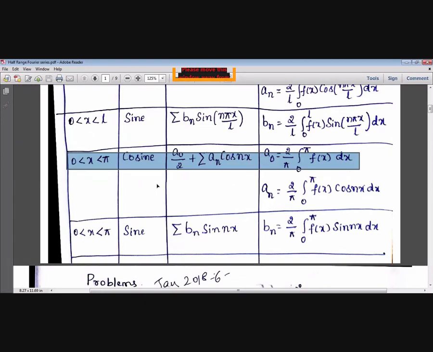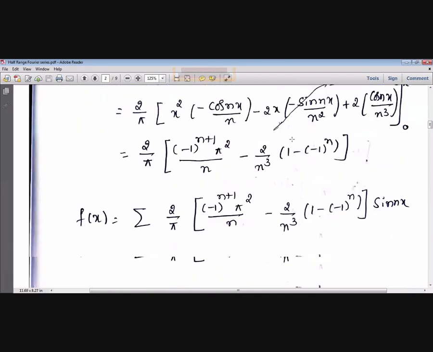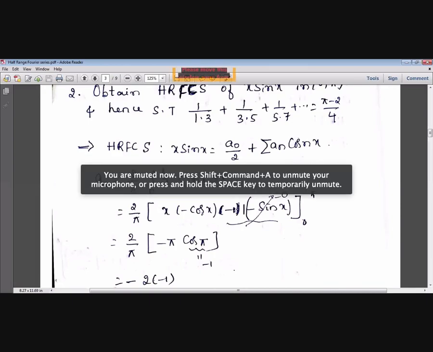In 0 to pi, the cosine series is a0 by 2 plus summation an cos nx, where a0 is 2 by pi integral 0 to pi f of x dx. F of x is x sin x dx.